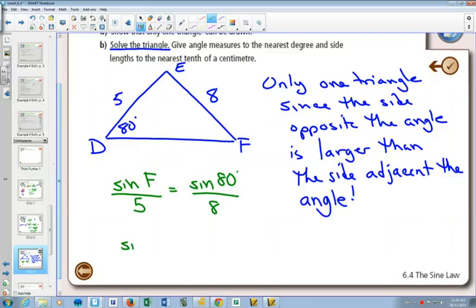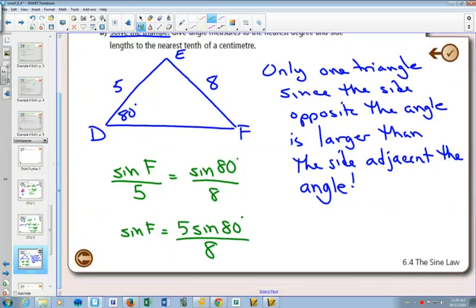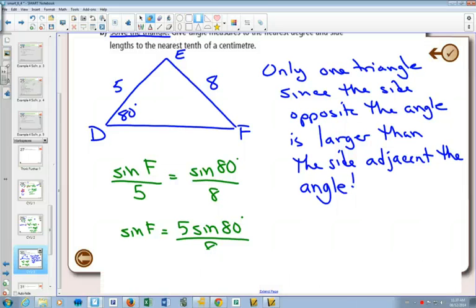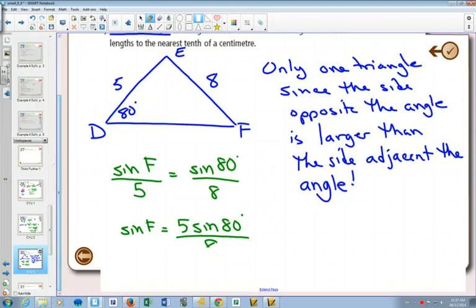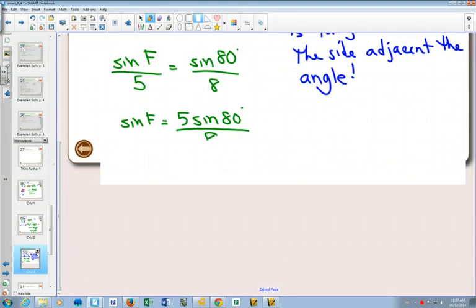Multiply both sides by 5. My 8 got partially erased, eh? Oh, here we go. Fancy 8.